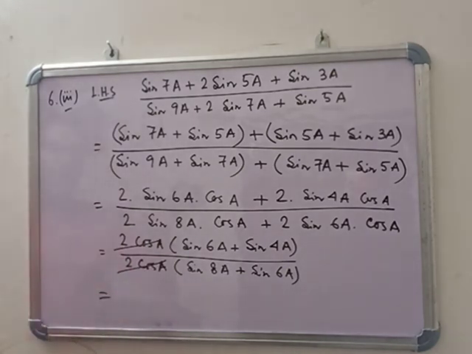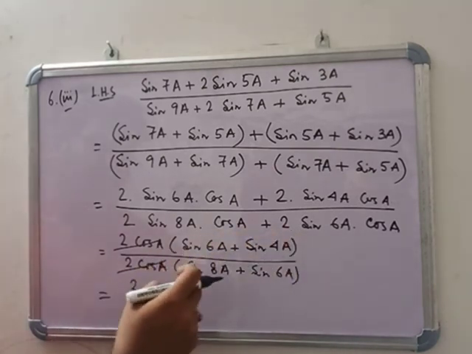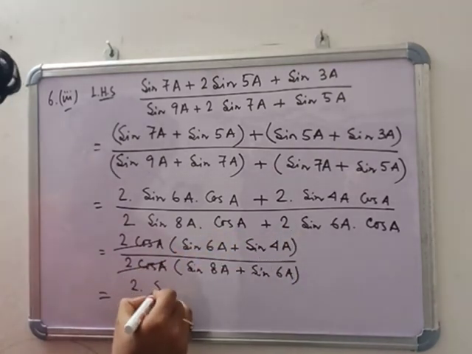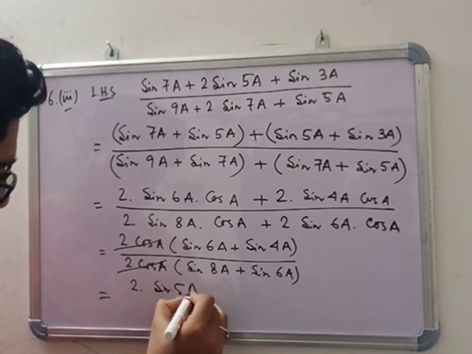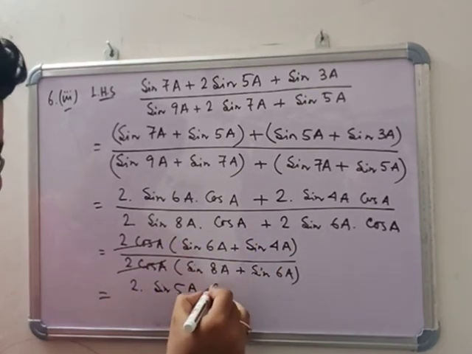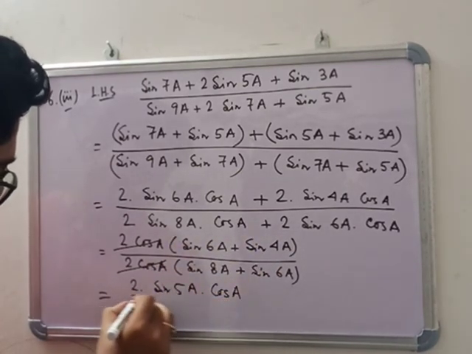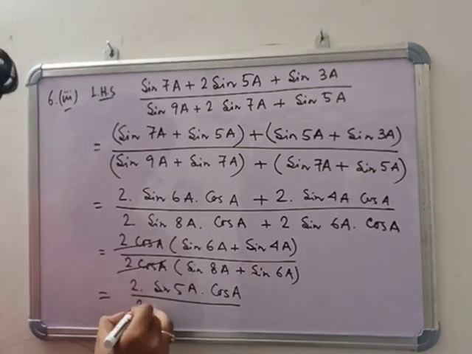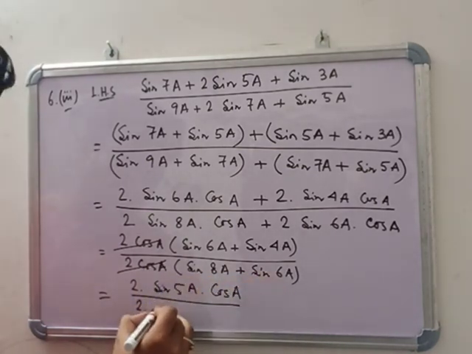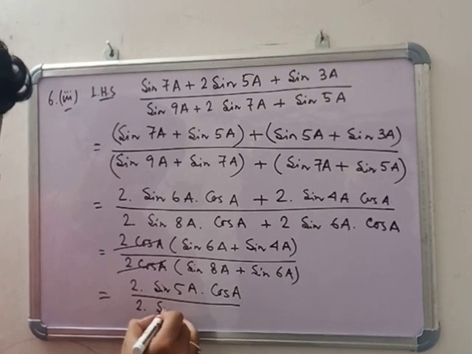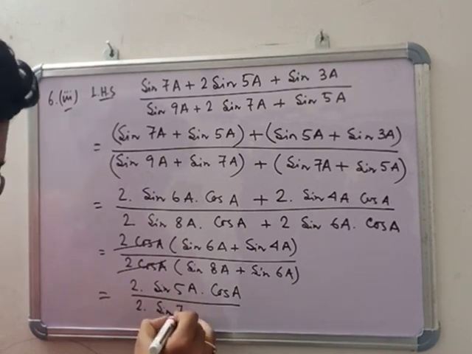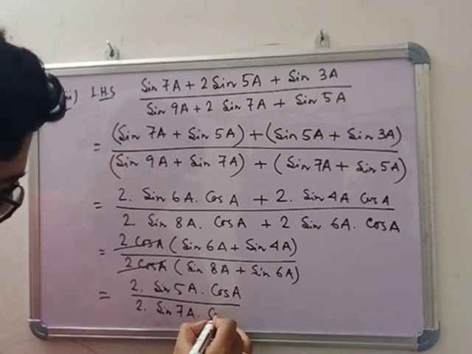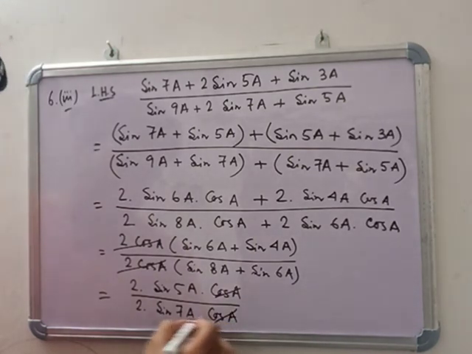So now again sin C plus sin D. So that means 2 of C plus D by 2, that means sin 5A and minus, that means cos A. Similarly 2 of sin 7A into cos A. So cos is cancelled and 2 cancelled.